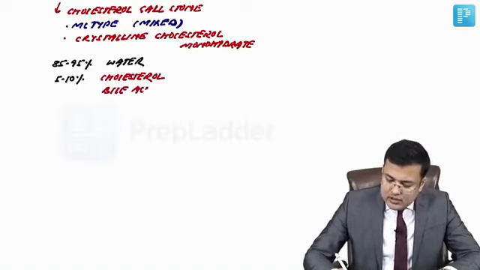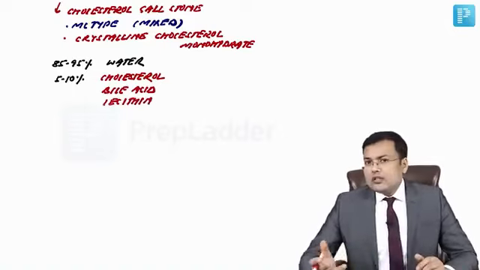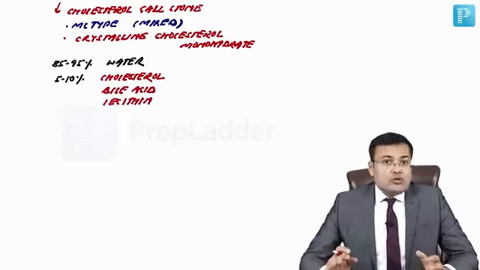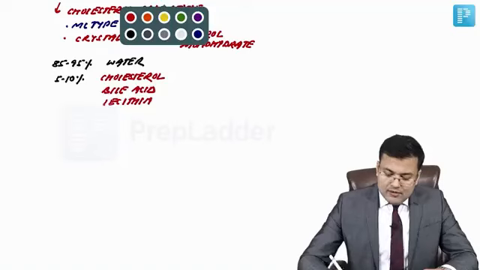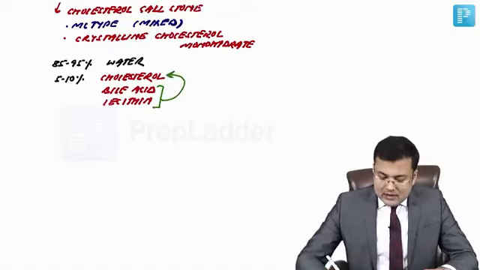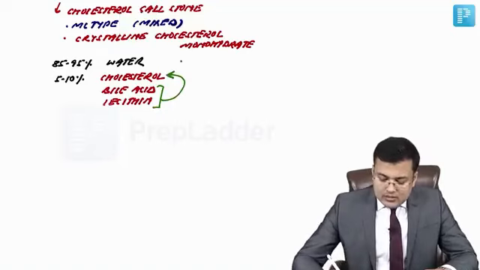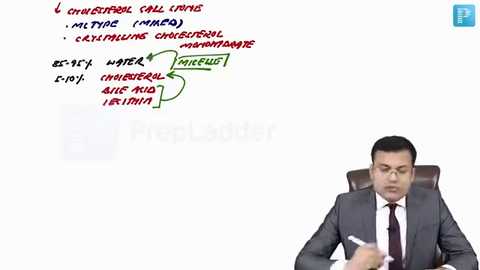You know that cholesterol is fat soluble. So how is it made water soluble in the bile? With the help of bile acid and lecithin. So bile acid and lecithin with cholesterol lead to the formation of micelle, and this micelle is water soluble.